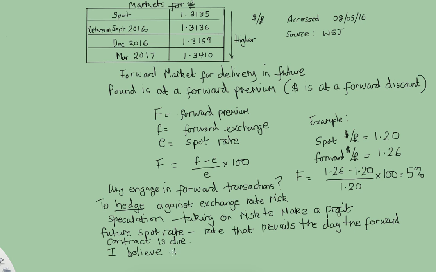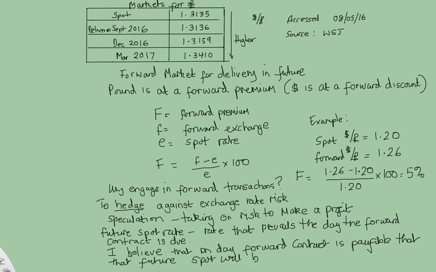I believe that on the day the forward contract is payable, the future spot will be 1.28. That's just my opinion. Or maybe I've got a complicated macro model I'm using.